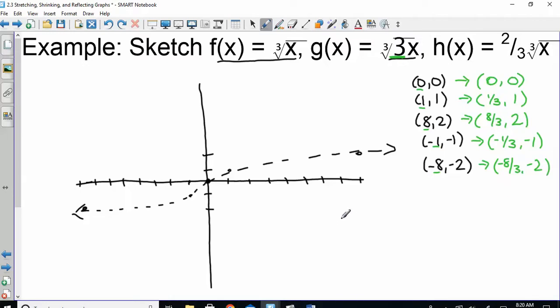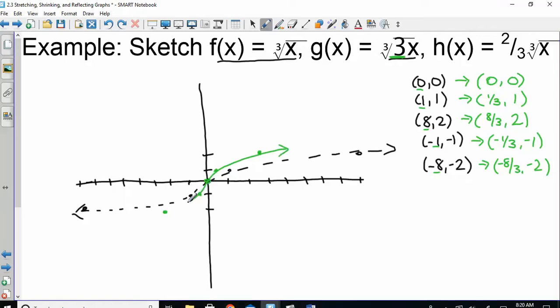So we have 0, 0, 1/3, so a third of the way over, 1. 8/3, that's like 2 and 2/3, or 2.6 repeating, and we'll get out 2. Negative 1/3, negative 1. Negative 8/3, negative 2.